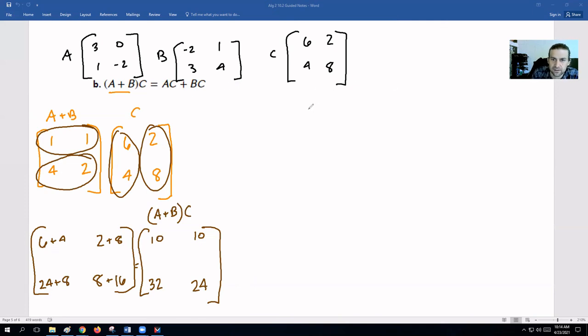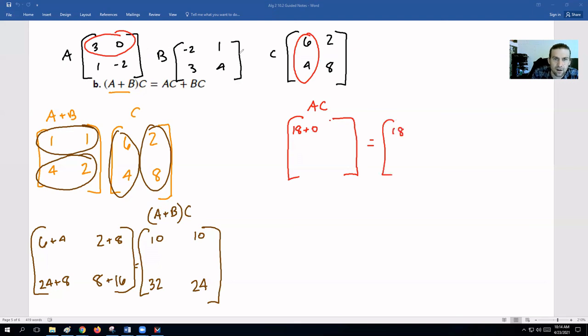So let's do AC over here. We're going to multiply A times C. First row, first column. So 3 times 6 is 18, plus 0 times 4 is 0. That'd be 18. All right, next. 3 times 2 is 6. 0 times 8 is 0.